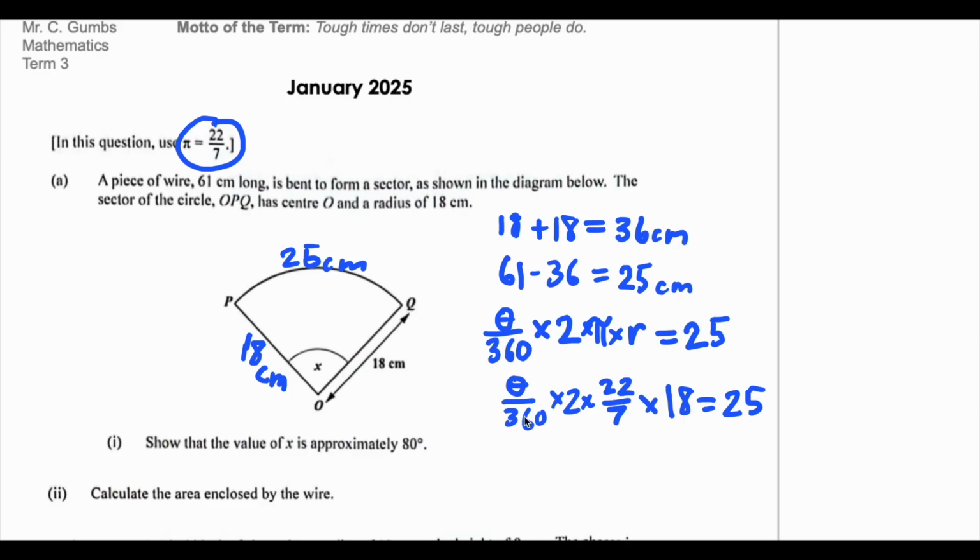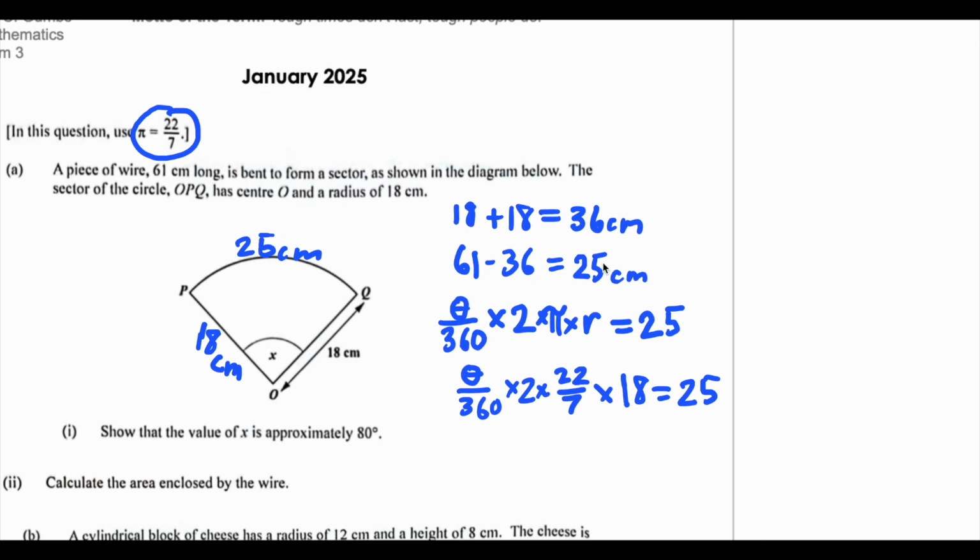Now I'm going to work out all of these here as if this theta wasn't here, just so I can get one solid number. Let's do it piece by piece. I'll do this section first so you can see my process, and then once I'm done with this, I'll handle the 360.